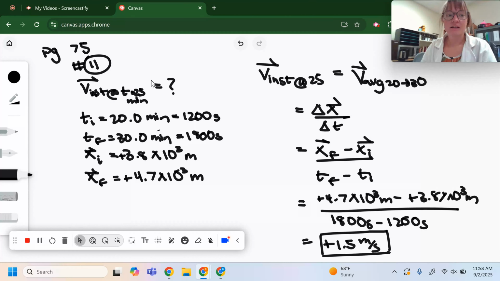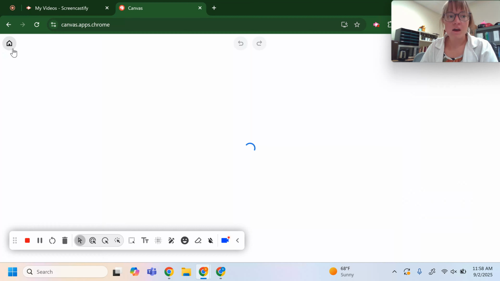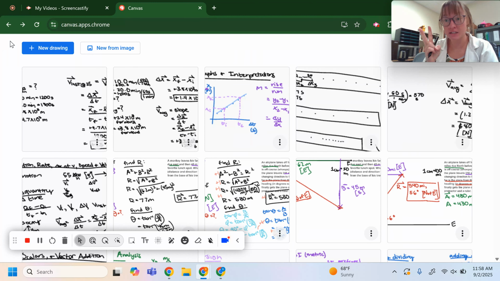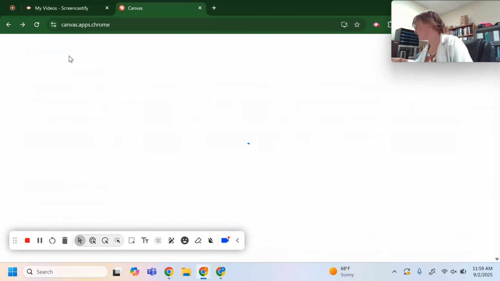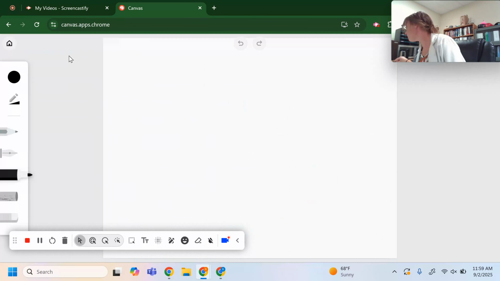Okay, last little thing that I want you to see. We have learned how to find the average velocity over an interval. We've learned how to find the instantaneous velocity over an interval, and to find the instantaneous velocity, you just find the slope of that whole little section. Now, I want you to turn in your textbook to page 74.